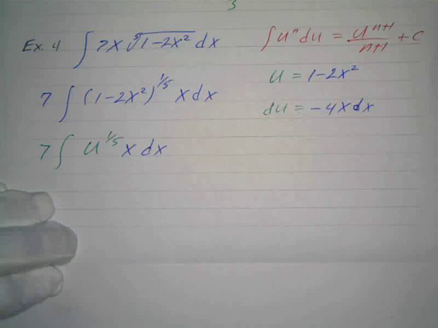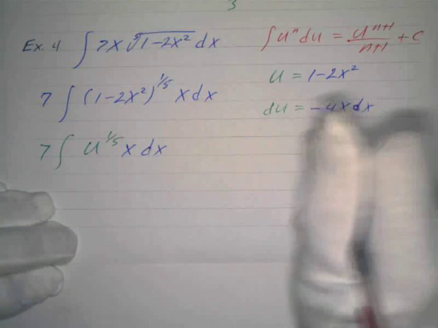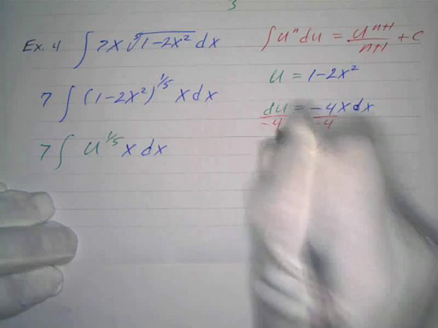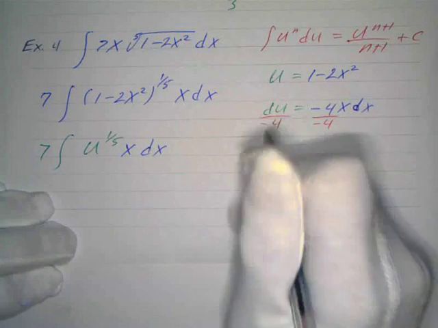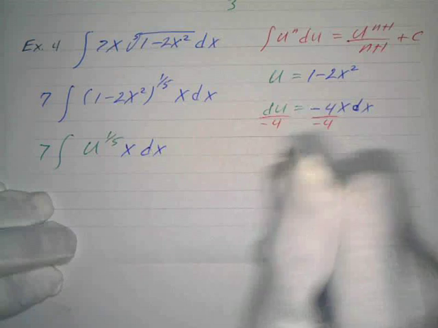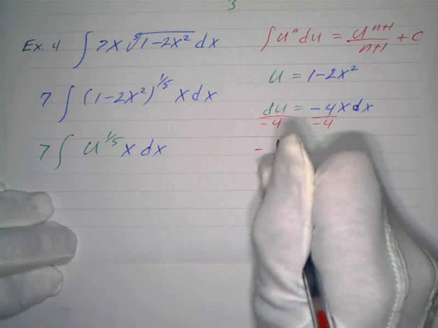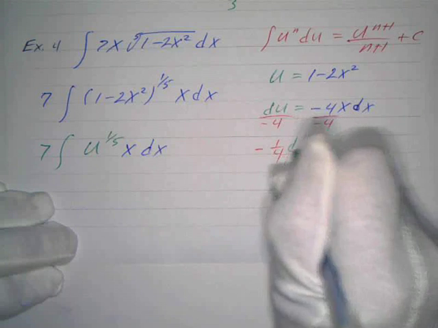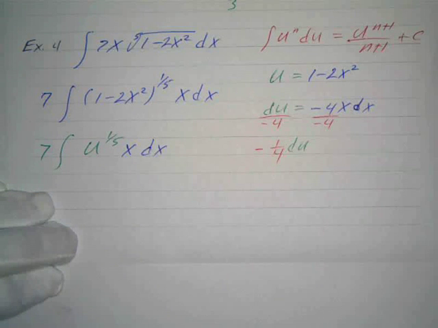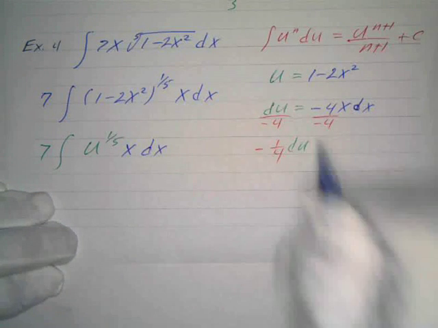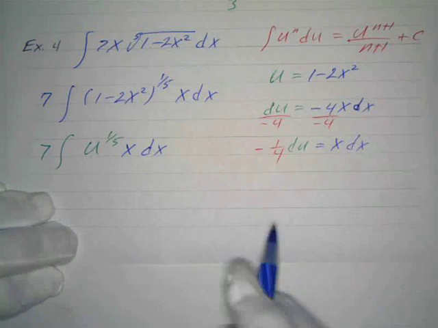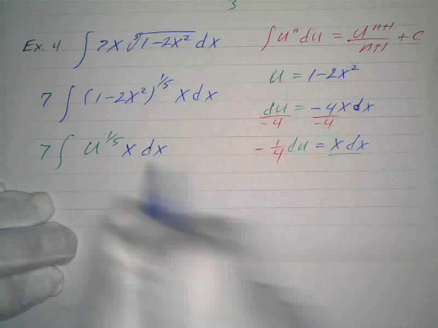We have our x dx, so we have to remove the 4: divide both sides by negative 4. Now we have negative 1/4 du equals x dx. So now I've got a perfect match. There's my x dx, there's my x dx.